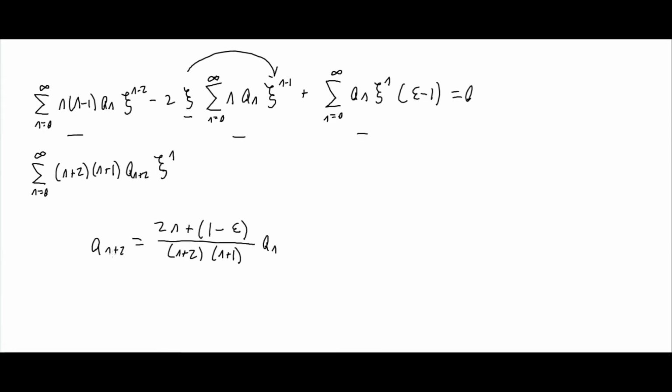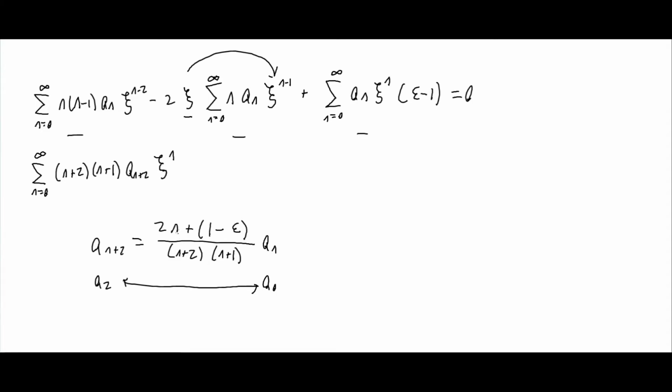So we can get the a of n plus 2, the coefficient 2 higher, in terms of the coefficient at some level. So if we had a sub naught, then we could get a of 0 plus 2, so we would get a of 2. And so we can get those in turn, the a2 higher in terms of this a right here. And so that's what this recursion formula is telling us.